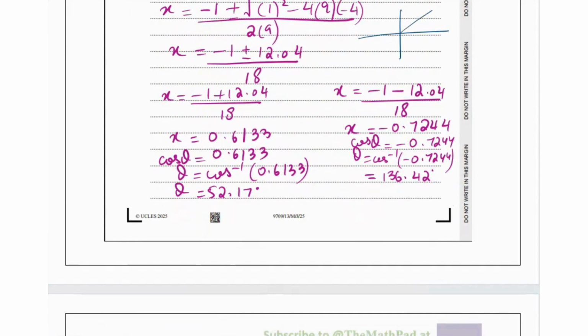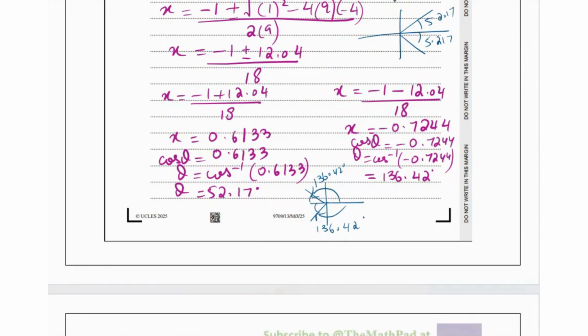Cos is positive in the first quadrant and in the last quadrant. So 52.17 comes over here and here. And for the other one, cos is negative in the second quadrant and the third quadrant. So this is 136.42 and this is 136.42.